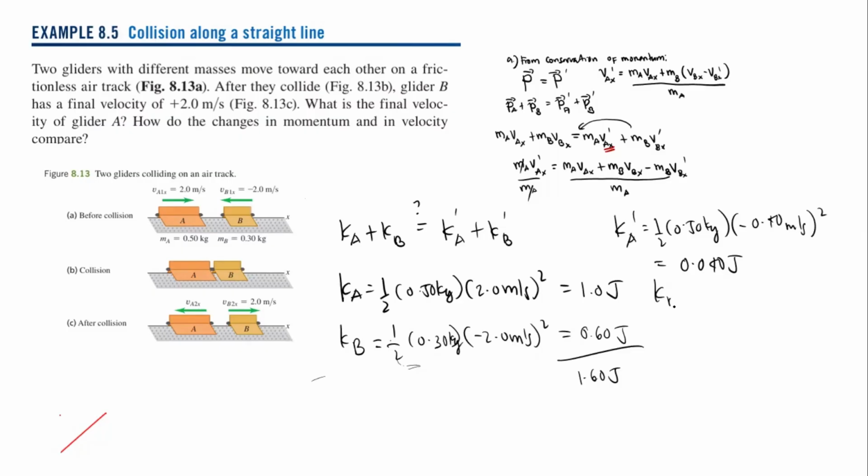Kb prime is equal to 0.5 times 0.3 times 2 squared, which is 0.6 joules. So this is equal to 0.64.